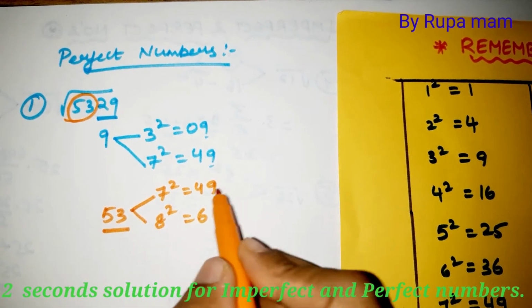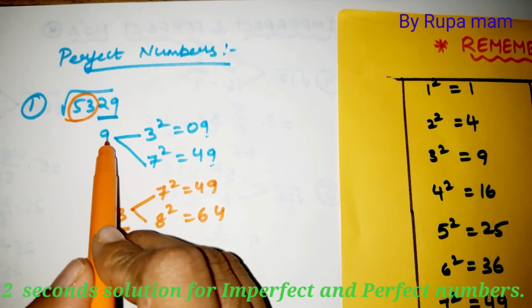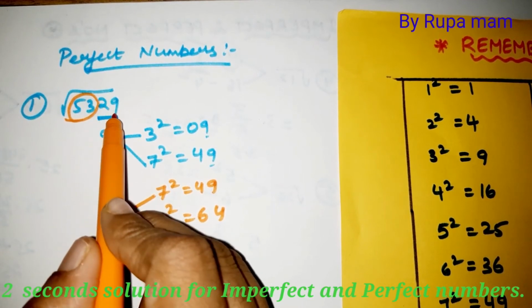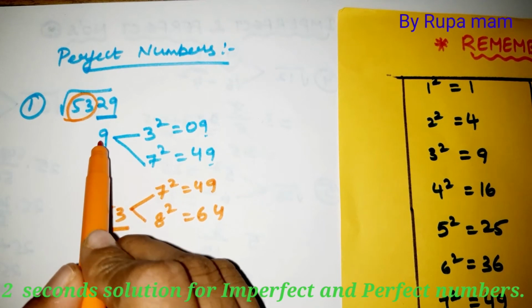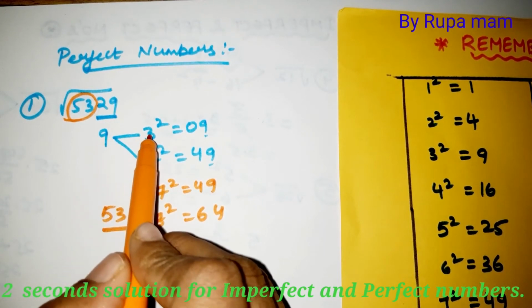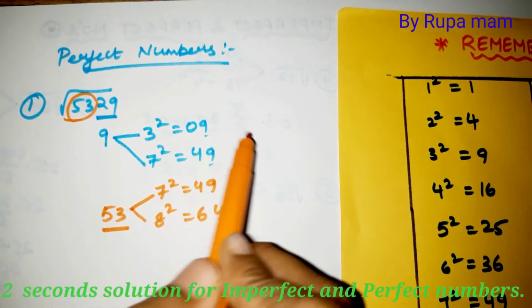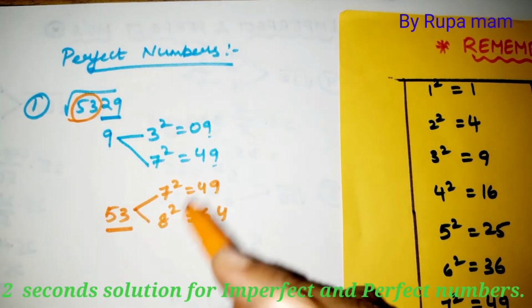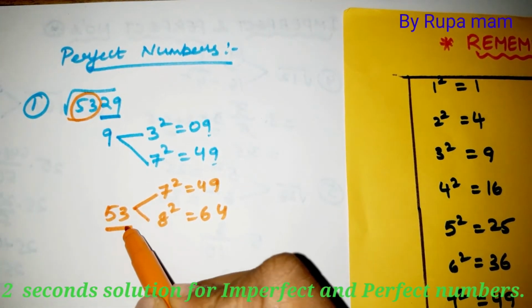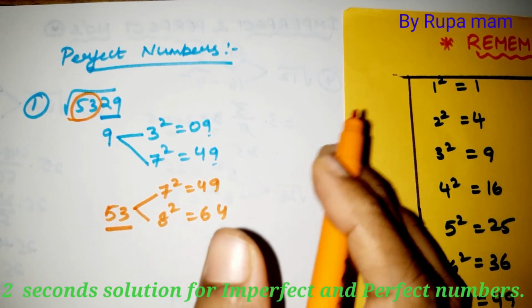The unit digit is present in 3 square and 7 square, that is 9 and 49. Then leave this. Next see this 53, which is present between 49 and 64.